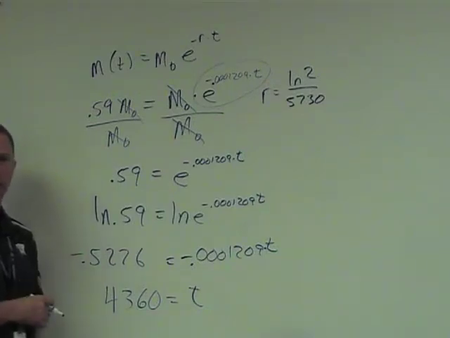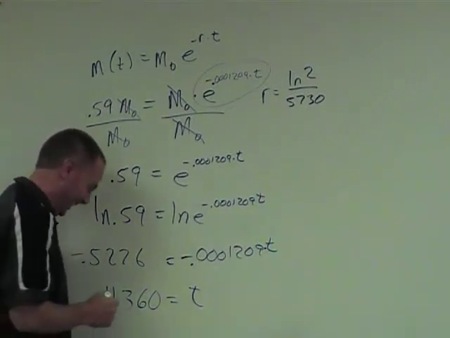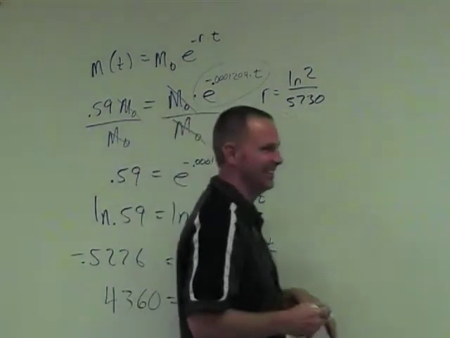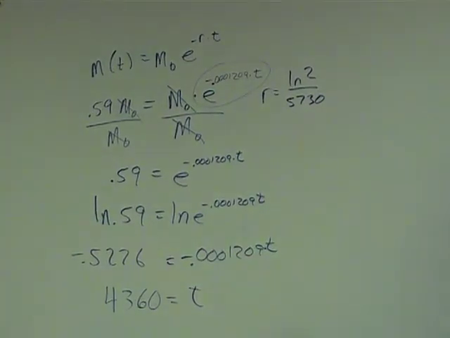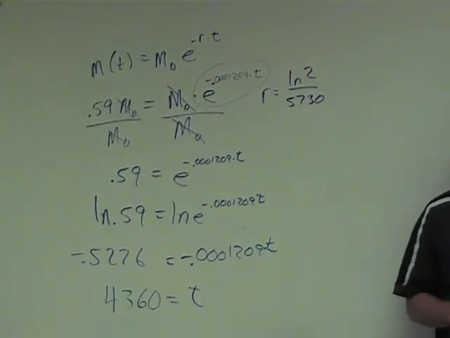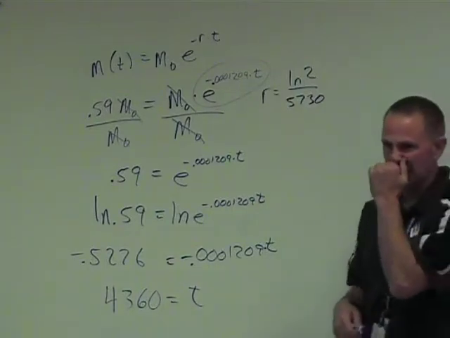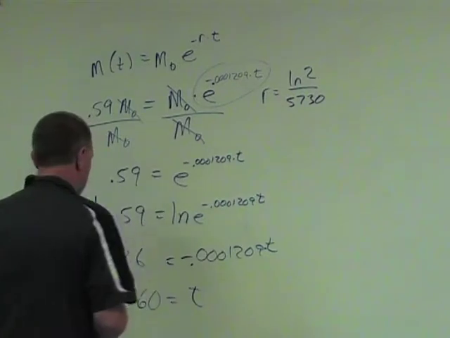What does that number represent? T. What units? Seconds? Years? Hours? You've got a mummy. Years. Okay? So the stupid thing's been in there for 4,360 years.